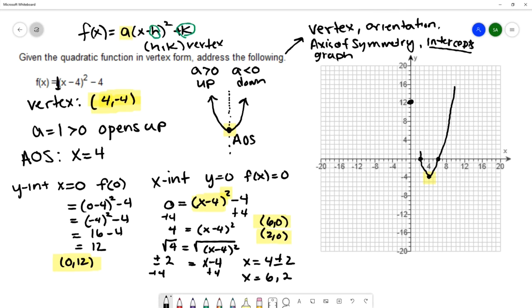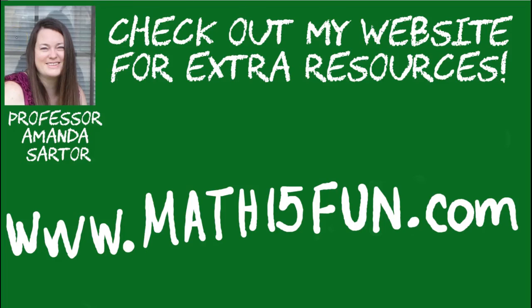We also want to keep in mind the symmetry of the parabola. So we should see a mirror image on either side of the vertex. So this gives me the graph of the quadratic equation x minus 4 squared minus 4.